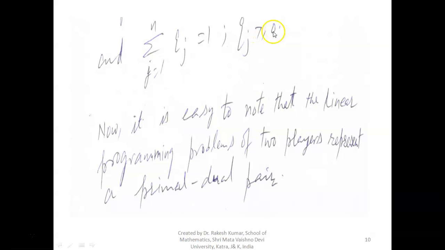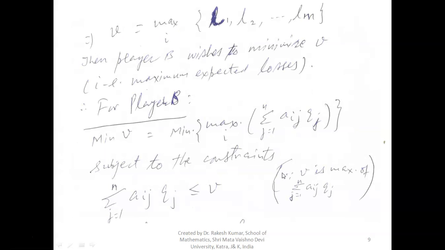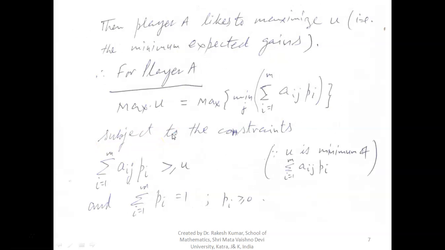Probabilities cannot be negative. Now it is easy to note that the linear programming problems of the two players represent a primal dual pair. It's quite easy to see: the objective function of player B is of minimization type, and the objective function of player A is of maximization type.